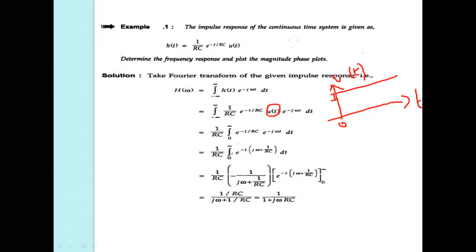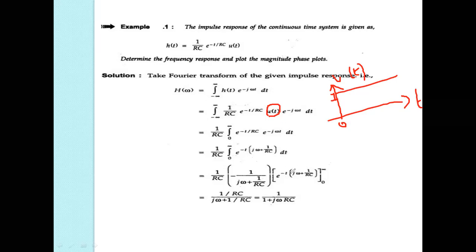So 1 by RC integral 0 to infinity, both bases are the same, so you can add the powers. Take minus t as common: j omega plus 1 by RC into dt. Apply the integral of the exponential, e power minus t times j omega plus 1 by RC, keeping the t coefficient in the denominator: 1 by j omega plus 1 by RC, and the minus.